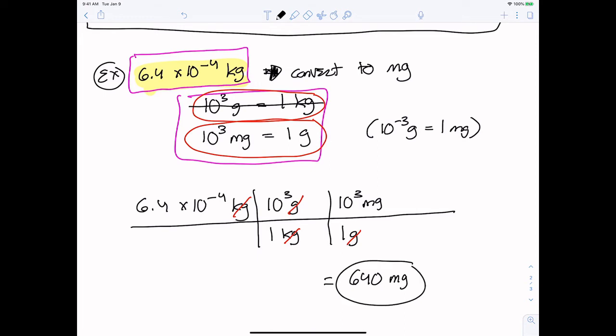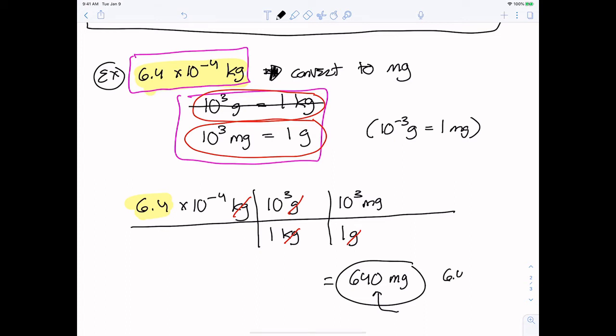Again, I'm within the metric system, so for significant digits, 6.4 is 2 significant digits, right? In scientific notation, only the coefficient term counts for significant digits, so 6.4 is 2. And then in my answer, remember this trailing 0, there isn't a decimal point, so it doesn't count for significant digits. So 640 is just 2 significant digits.